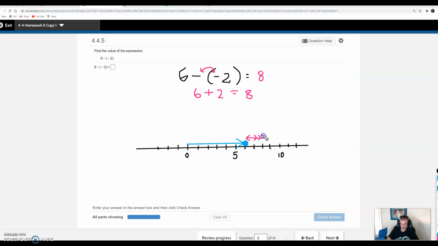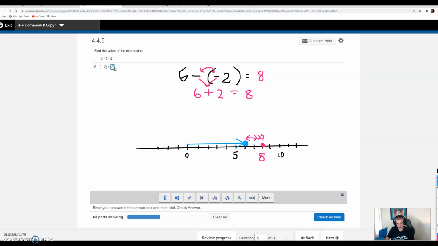I'm backing up, and I end up right here at 8. If that incredibly convoluted example makes sense to you, then go for it. I think the easier way is just to remember that if I subtract a negative, it's the same as adding. If I take this line and put them together, they become this positive right here. So my answer is 8.